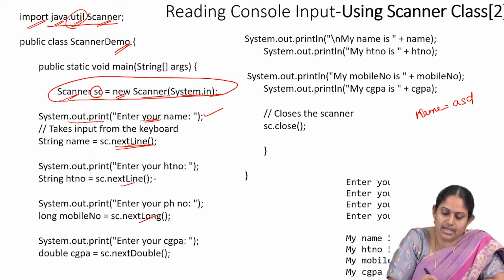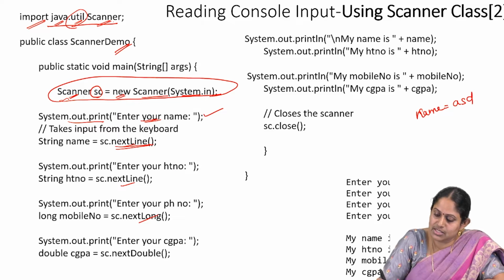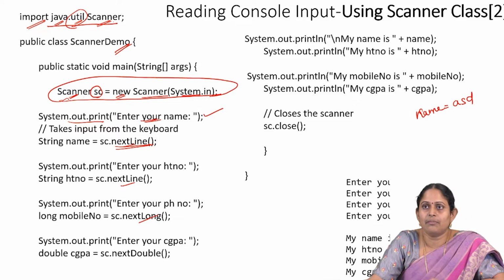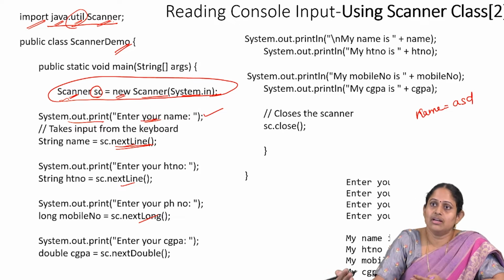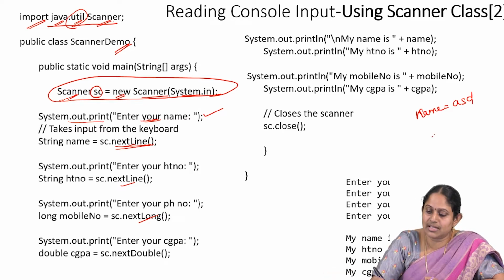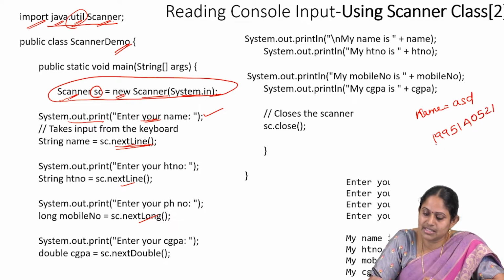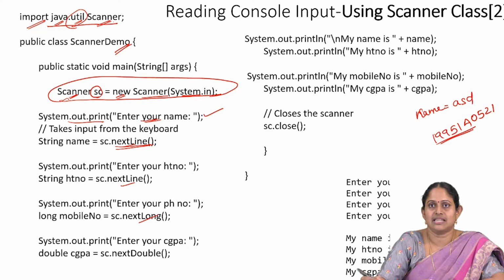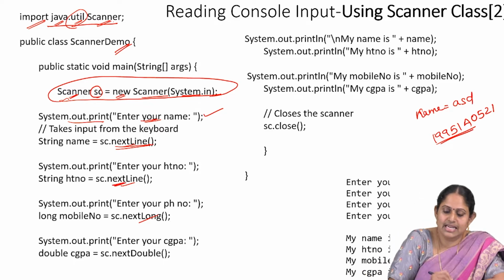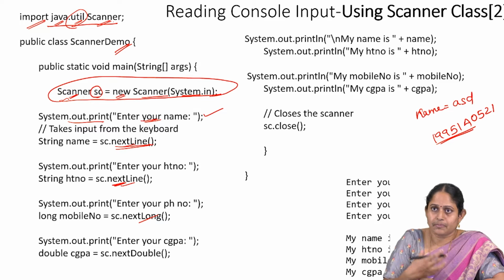Next, we are reading the hall ticket number. This hall ticket number can be a combination of integers and characters. So if we are using, let's say, 1995 1A0521, then this contains characters and integers. That is why we are using nextLine. We are reading it as a string itself.